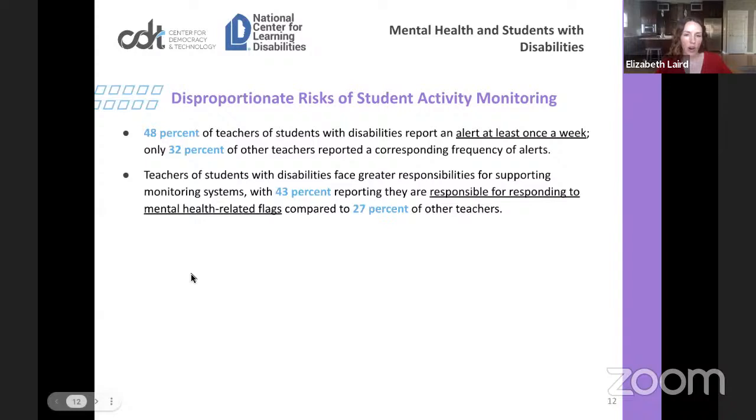Next up is how often teachers are receiving these alerts. Almost half of teachers who work with students with disabilities get alerts at least once a week. That's compared to 32% of other teachers. So again, when you look at the average of this number, it's teachers of students with disabilities who are receiving these alerts at a disproportionate and higher rate than their peers.